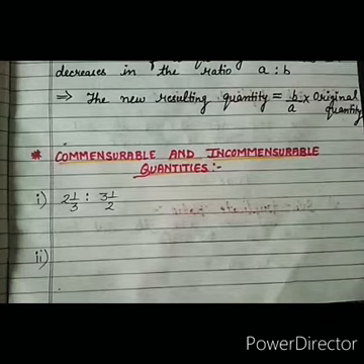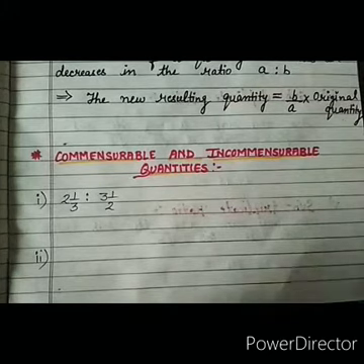So, if the ratio between any two quantities of the same kind and of the same unit can be expressed by the ratio between two integers, then those quantities are known as commensurable, otherwise incommensurable.